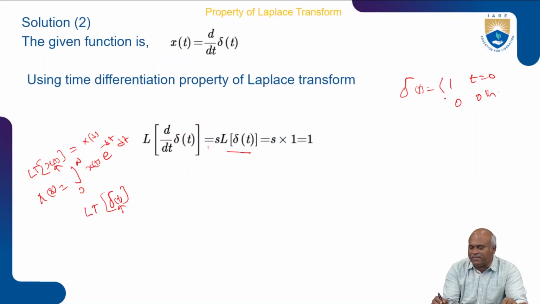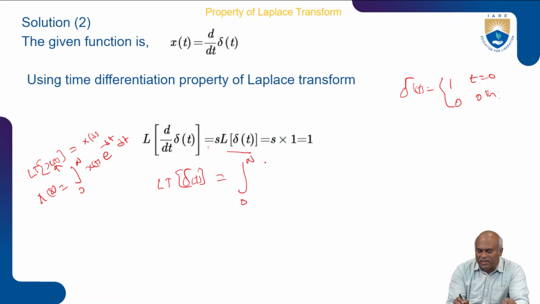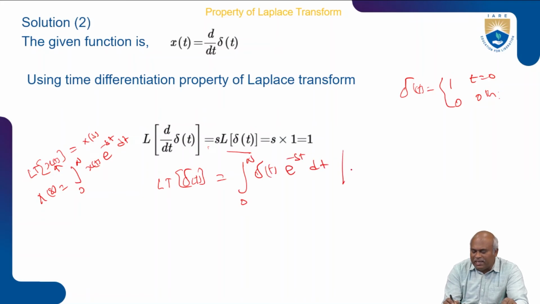Based on this, the Laplace transform of del of t is equal to the integration from 0 to infinity of del of t e power minus st dt. But the condition is t equal to 0, only there del of t is equal to 1, so e power minus s t with t equal to 0, dt.